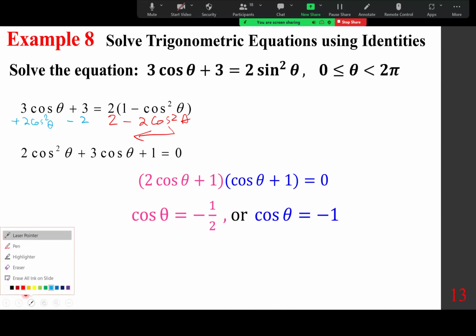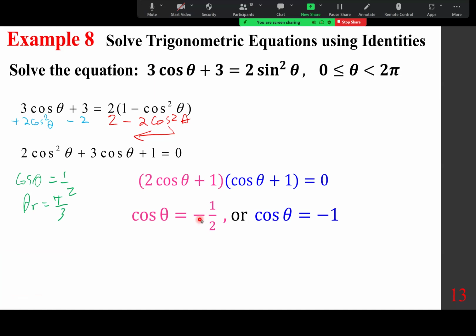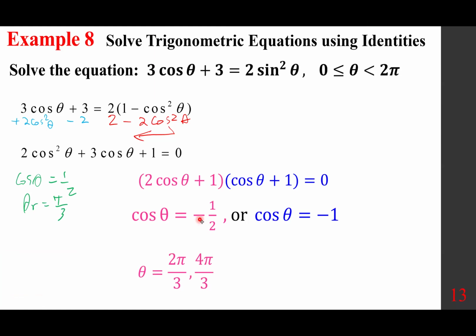Again, I write it, but just to refresh your memory. So cosine theta is positive 1/2, and that gives a reference arc of pi over 3. And since you want it to be negative 1/2, it's in the second and third quadrant. Pi minus pi over 3, pi plus pi over 3. Those are the answers. Cosine theta equals negative 1 under one condition, theta being pi. So we have the answers, and we are done. Pretty straightforward, everybody.